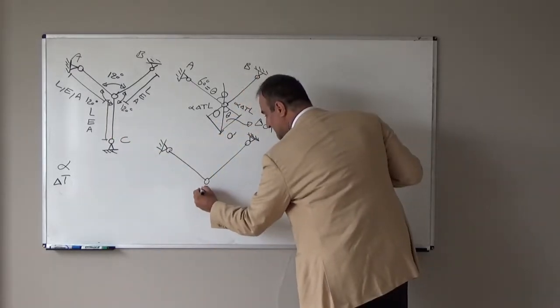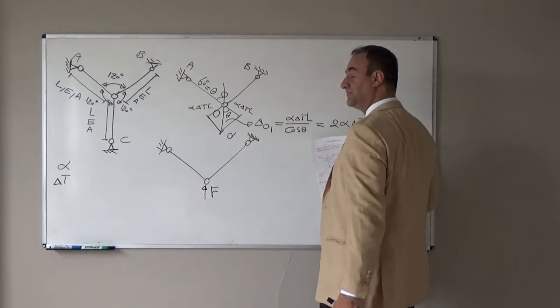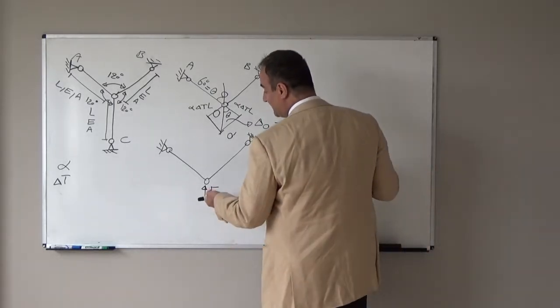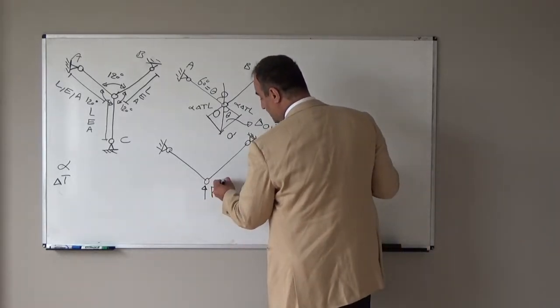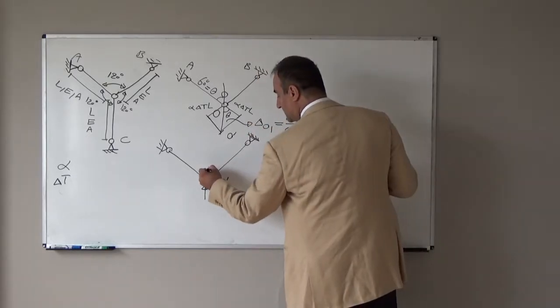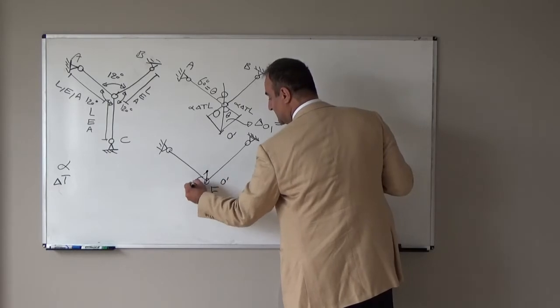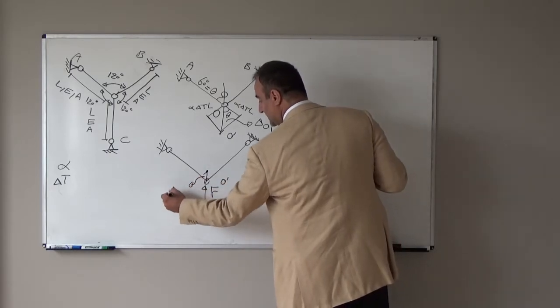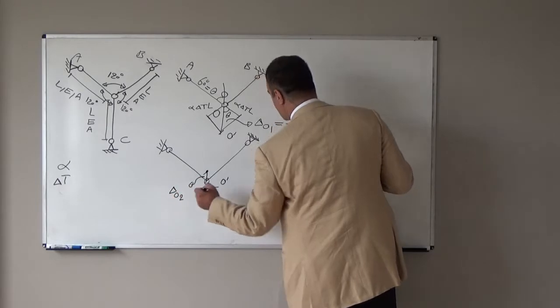We assume this is unknown F. Unknown F will cause point O prime to move a little bit up to this point. I show this movement with delta O2.